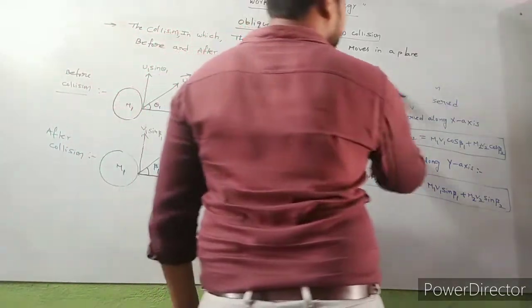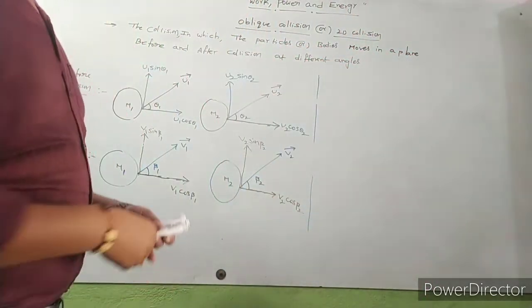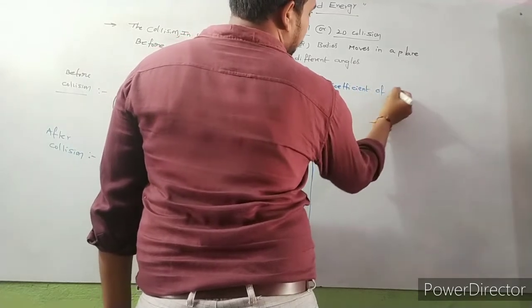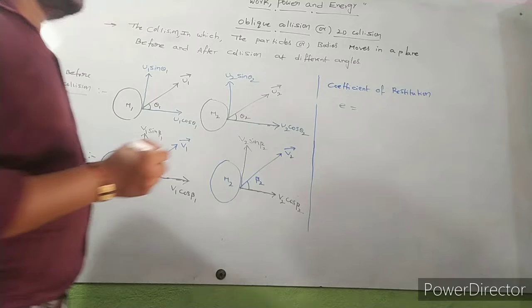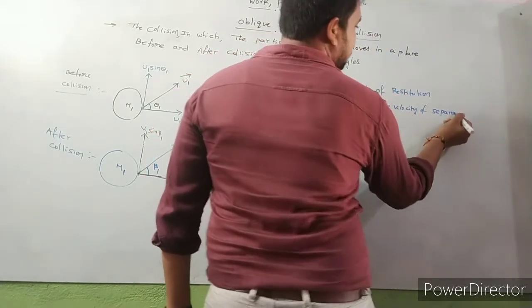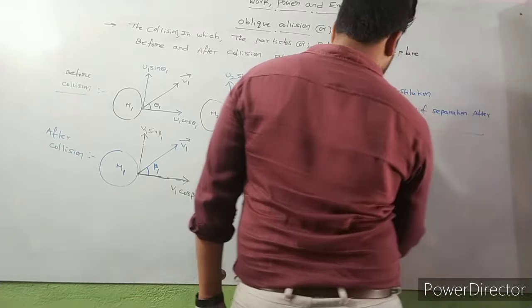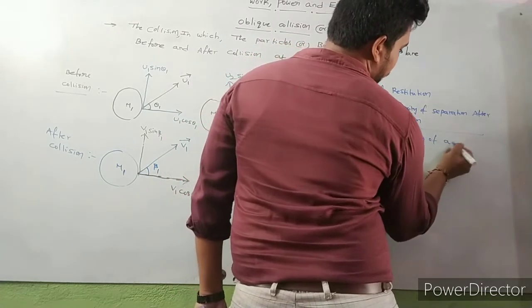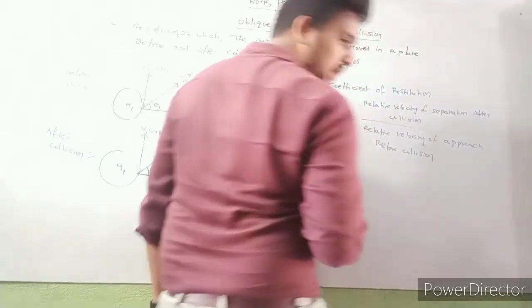The coefficient of restitution e is equal to the relative velocity of separation after collision divided by the relative velocity of approach before collision.